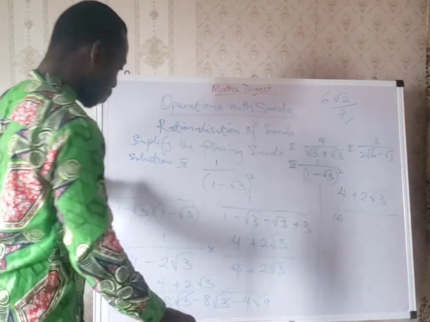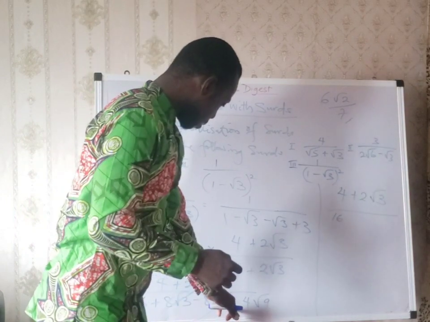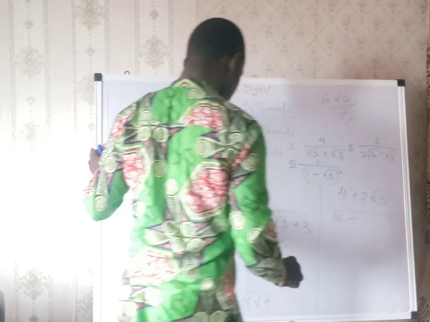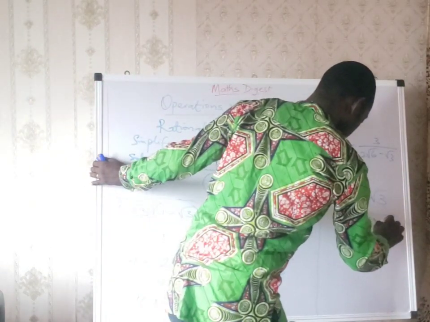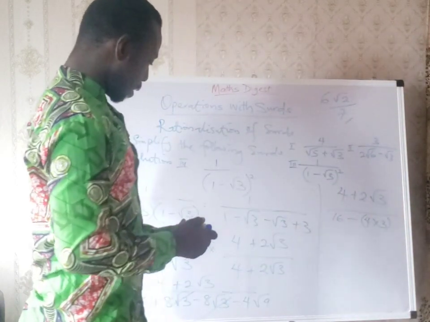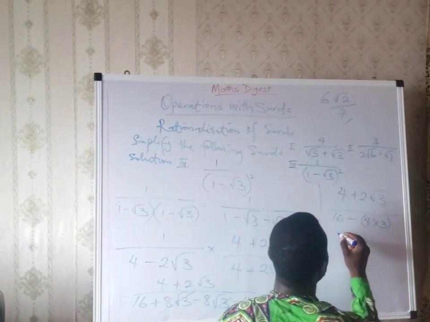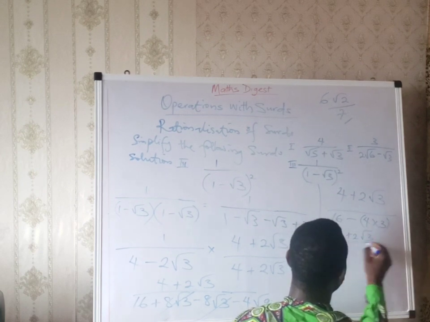Okay, now we are left with this and 16. Now this is just simply saying minus 4 times 3. Okay, remember root 9 is what? 3.